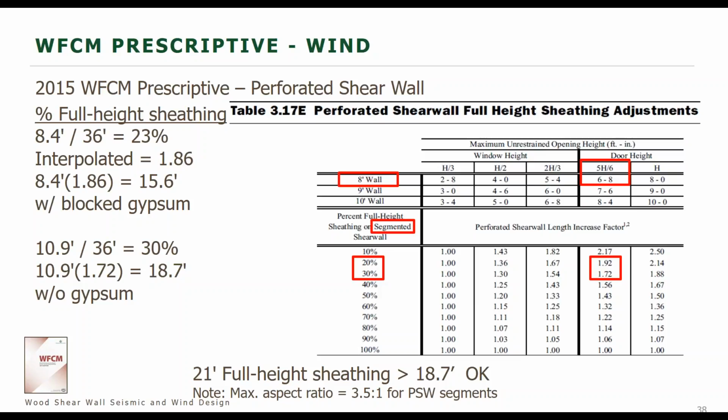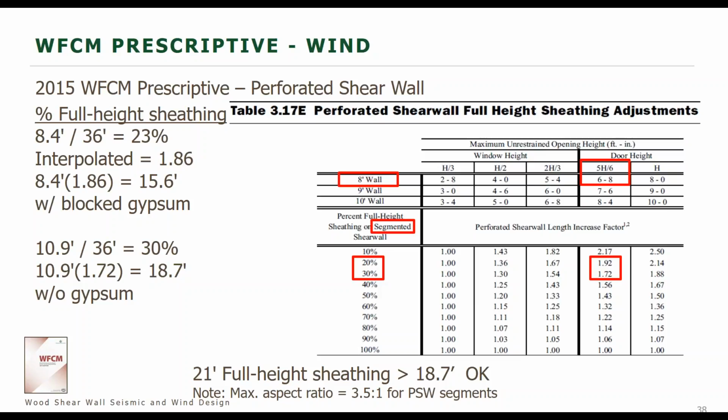So we've calculated that divided by the full length of the wall, which means that 23% of the wall requires full height sheathing. So interpolating between 20 and 30%, we can get this perforated shear wall length increase factor of 1.86. So 1.86 times 8.4 gives us 15.6 feet of required full height sheathing.